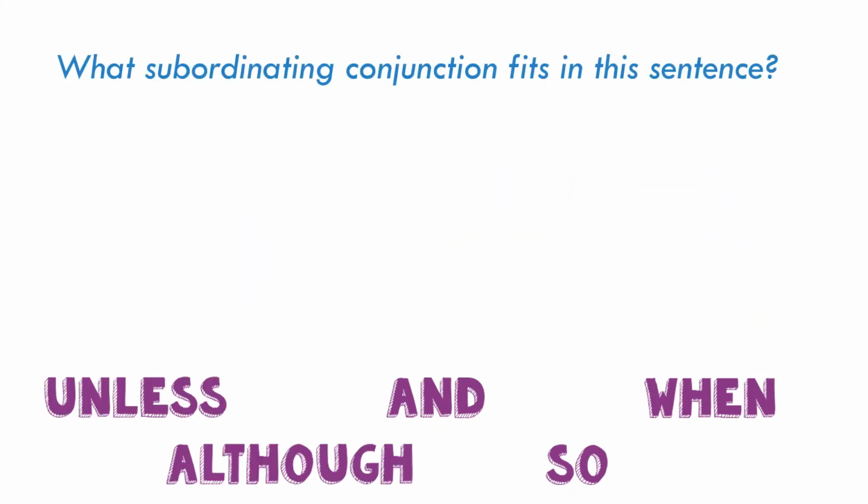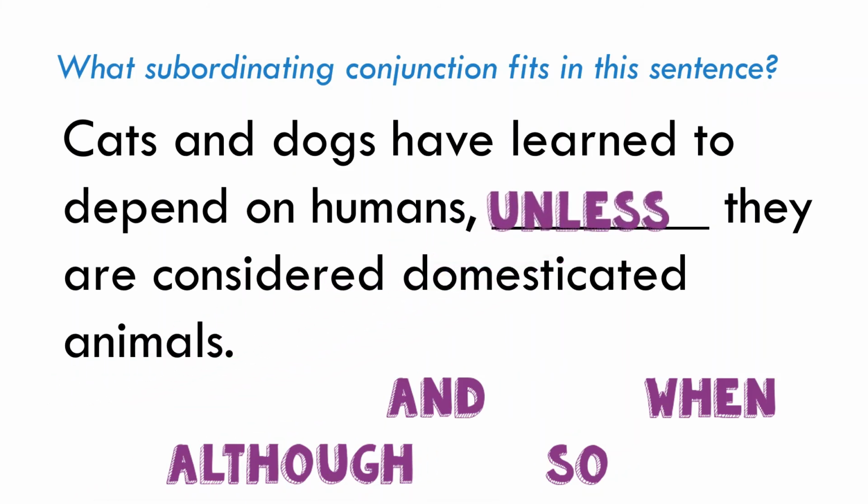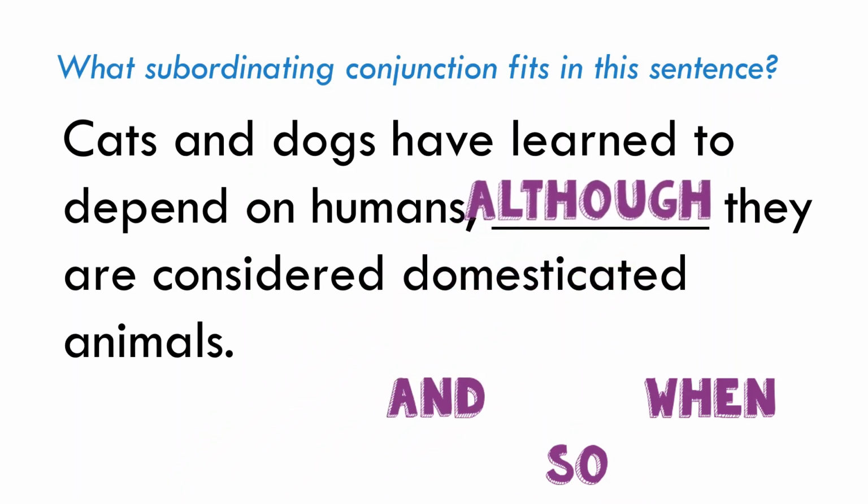What subordinating conjunction fits in this sentence? Cats and dogs have learned to depend on humans. Blank, they are considered domesticated animals. Cats and dogs have learned to depend on humans unless they are considered domesticated animals. That one doesn't make sense. Cats and dogs have learned to depend on humans although they are considered domesticated animals. Nope.